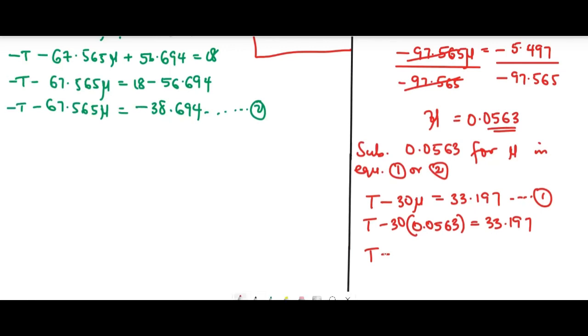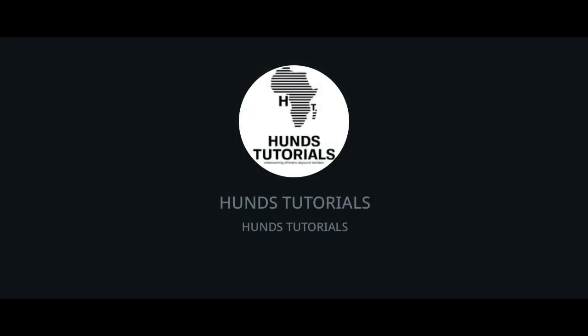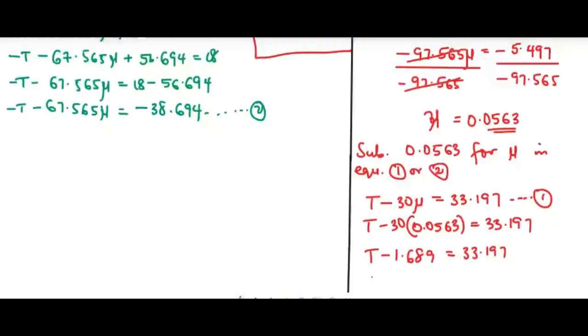T minus 1.689 equals 33.197. T is equal to 33.197 plus 1.689.